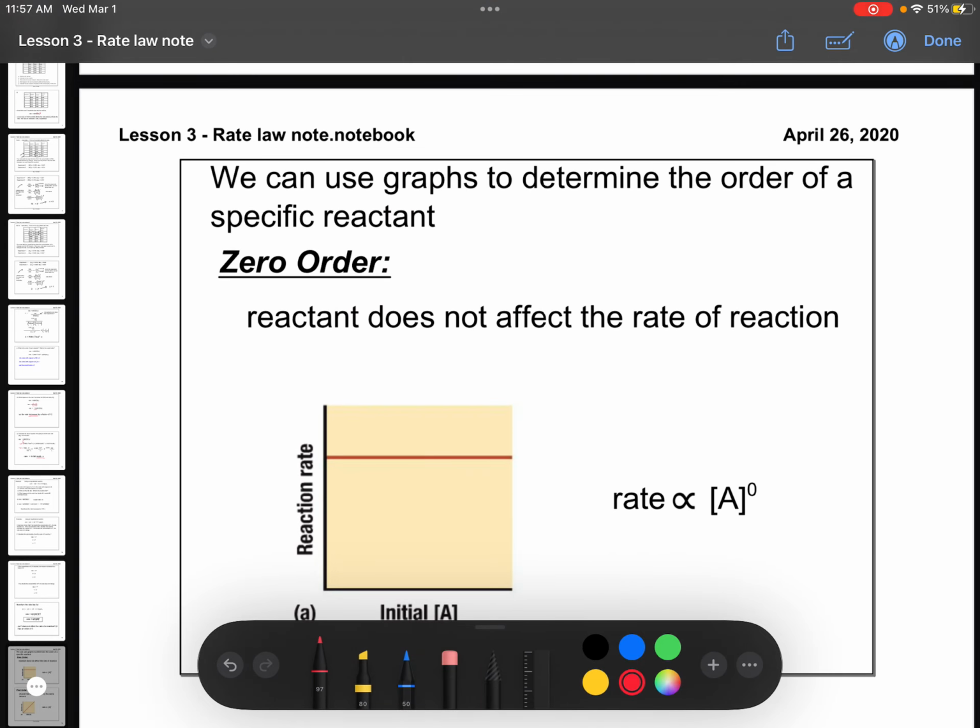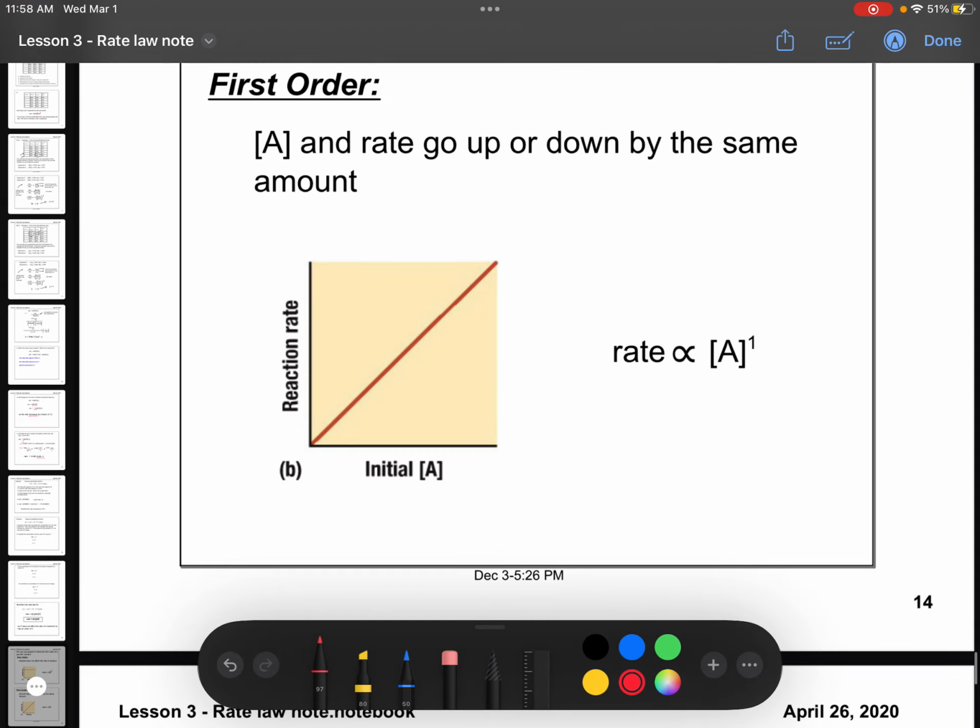A few things to take into consideration is that we can use graphs to determine the order of a specific reactant. So we could have a 0 order. That's where the reactant does not affect the rate of reaction, and therefore the rate is independent of the initial concentration, and so it is 0.